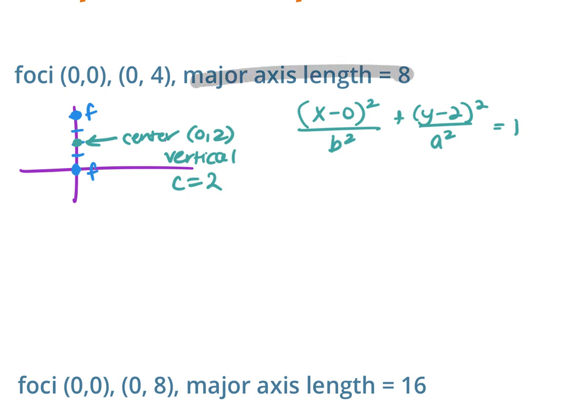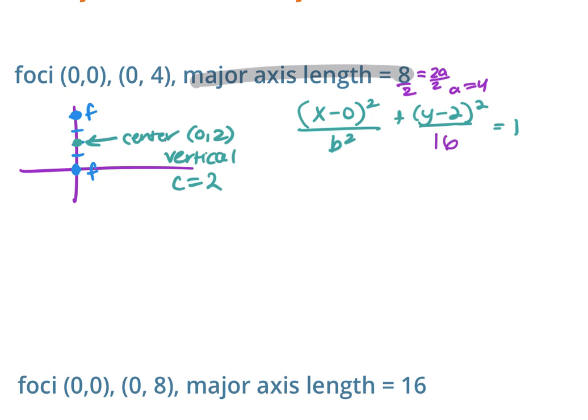Now I go to second piece of information. Major axis length is 8, which tells me? Good. Major is 2a, which means a is 4. So I have the a squared would be 16.